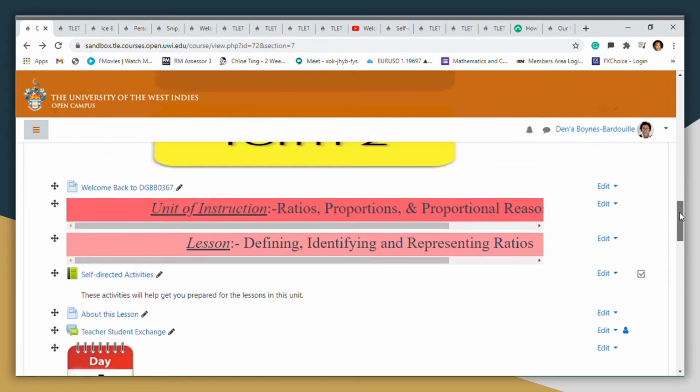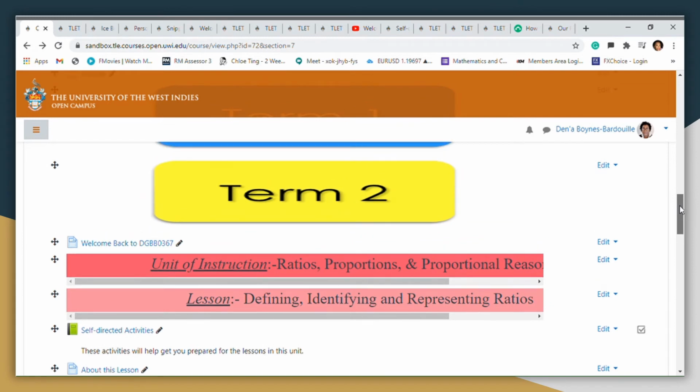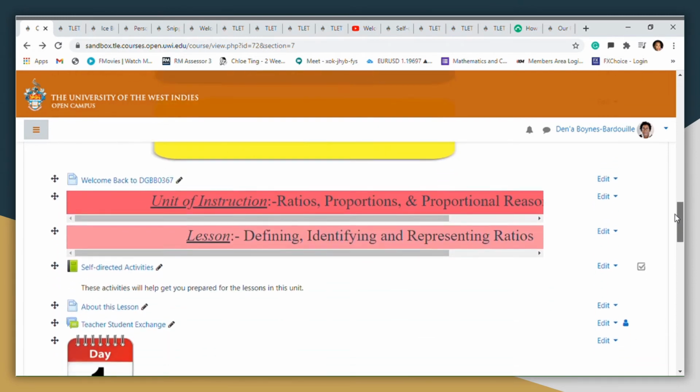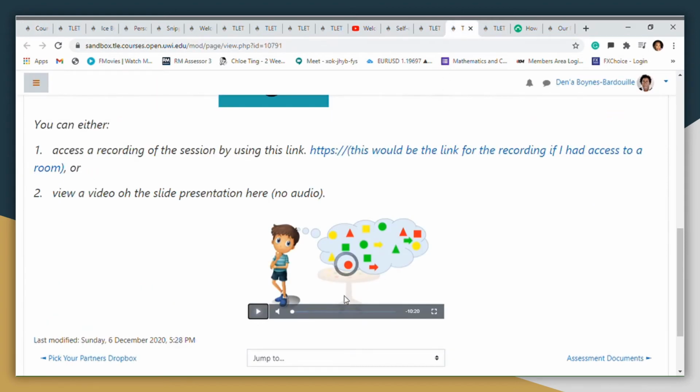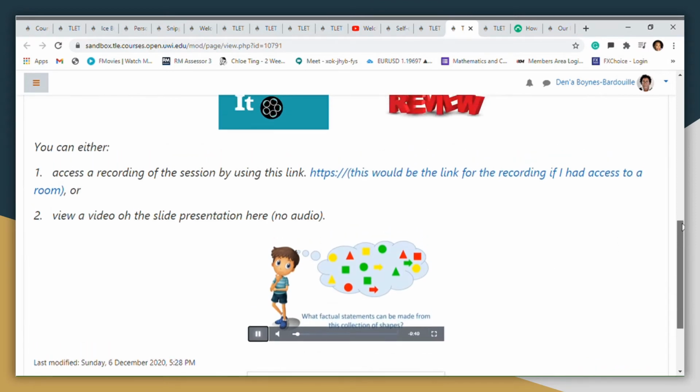The use of a friendly and conversational tone when explaining the course content, showing yourself on camera, providing sample problems, and offering step-by-step demonstration on how to format solutions to problems on the BBC sessions also aid in developing a sense of presence.